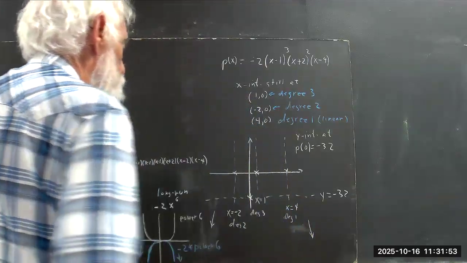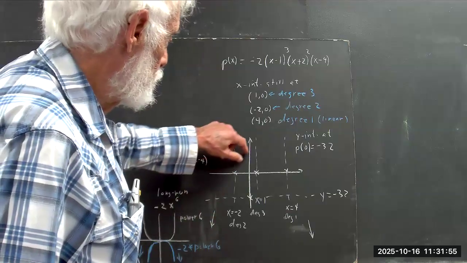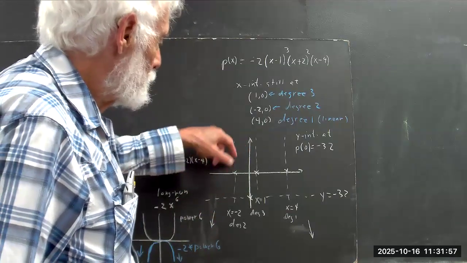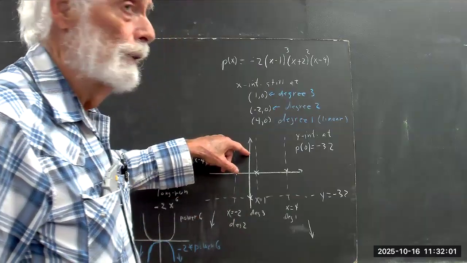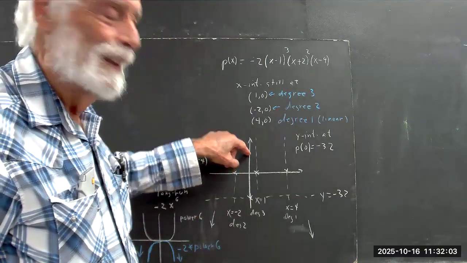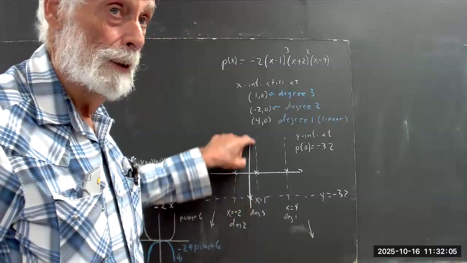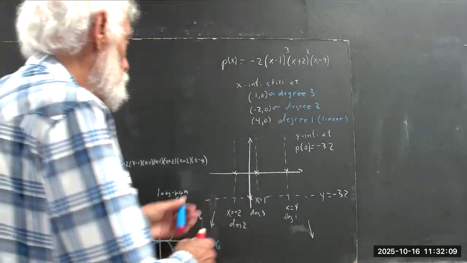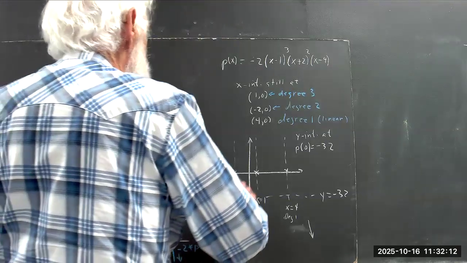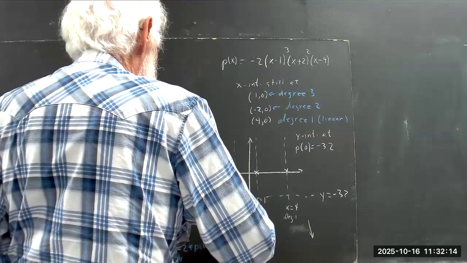And this has degree 2. If you come up from down here and try to go through, you're not going to be able to get back to the x-axis without going through the y-axis on the wrong side. You got to go through the y-axis down here, not up here. But since it's degree 2, it's going to act like a parabola close to this point.